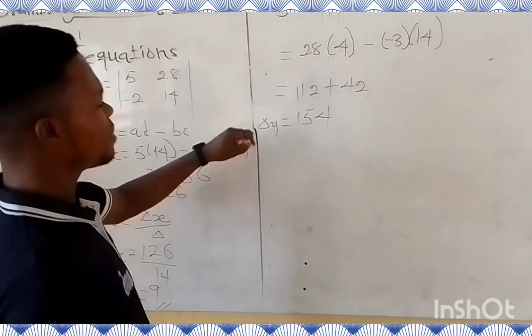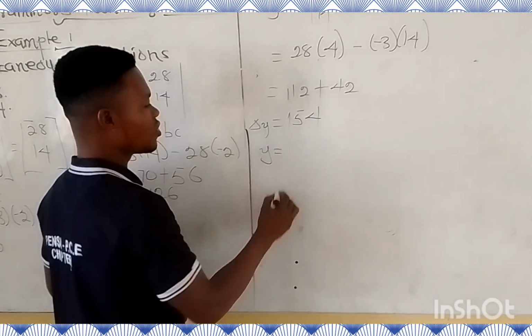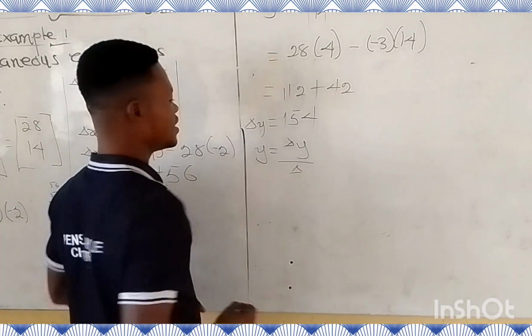Now that we have the determinant of y, we can find the value of y. The value of y is equal to the determinant of y over the determinant.